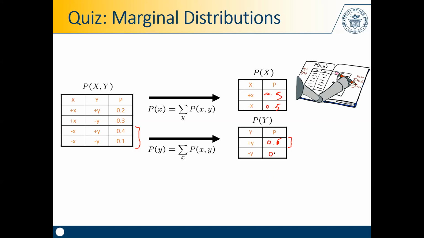That's why this probability, without looking at the table of joint probability distributions, can be calculated as 1 minus 0.6, which is 0.4. Just to cross-check, if we add this 0.3 to this 0.1, we'll still get 0.4. Okay, any questions before we move on?